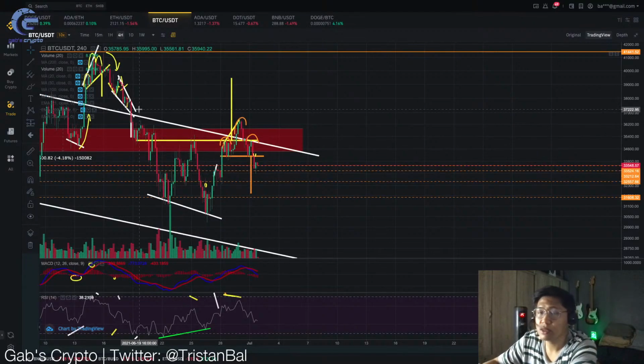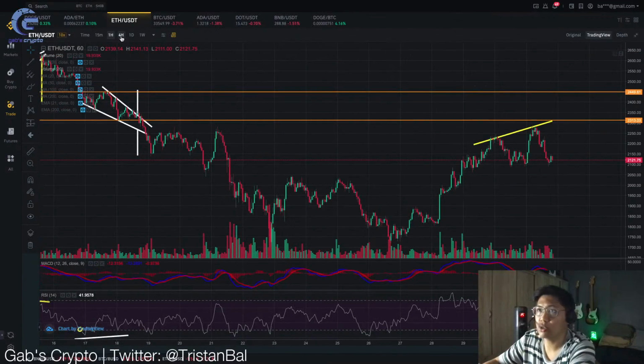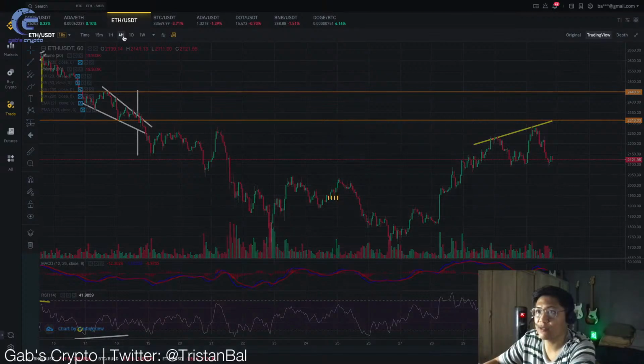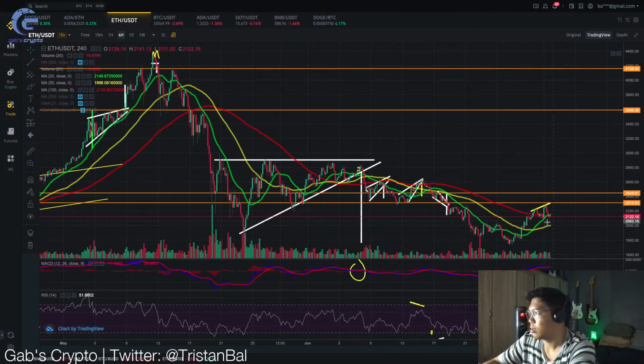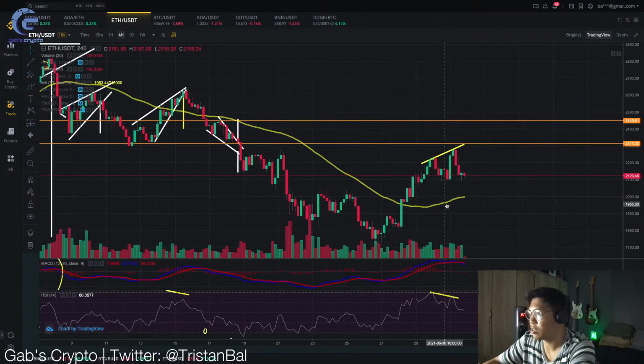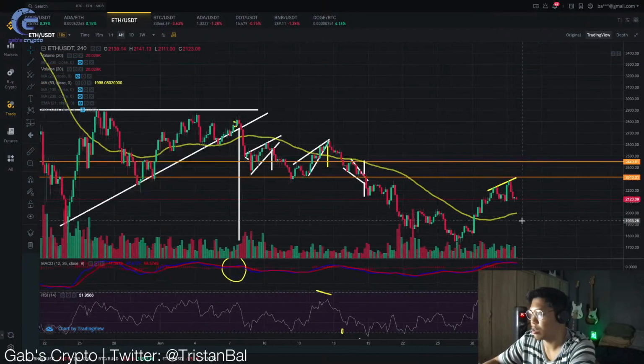Someone is asking, can we still see a $2,000 Ethereum? I think it's still possible, because if you look at the moving averages in the 4-hour time frame, let's open the 4-hour, look at the 50 moving average. We're still at 2,000 US dollars for Ethereum. So if it does fall, that would still amount to a level of around 2,000 US dollars.